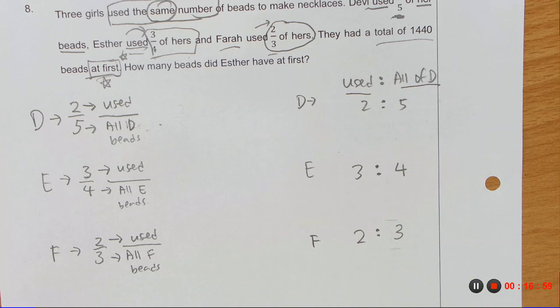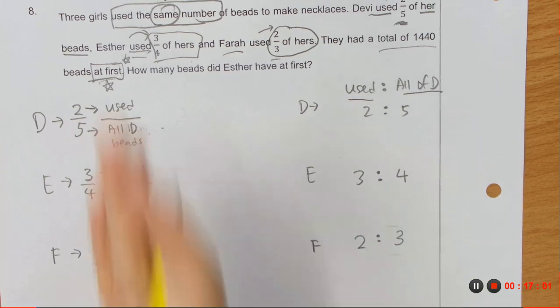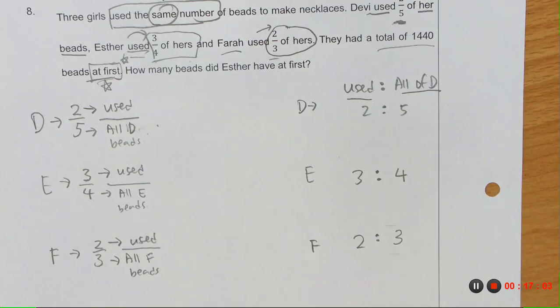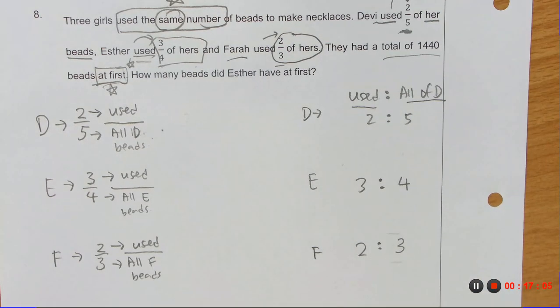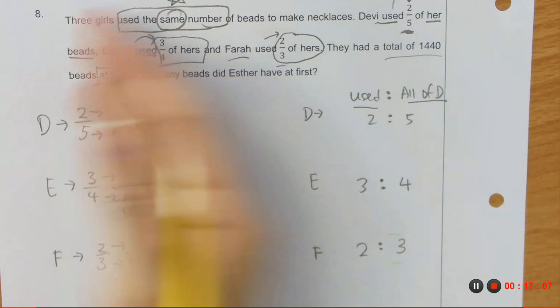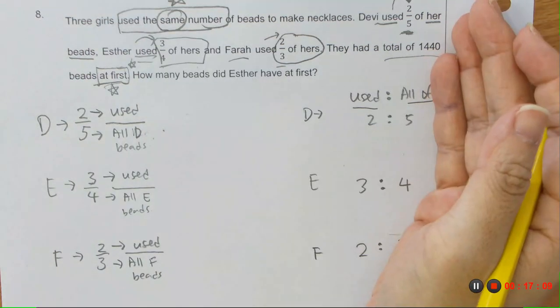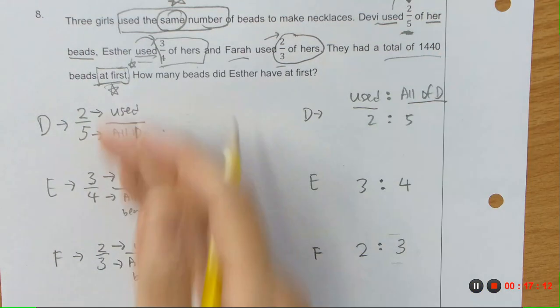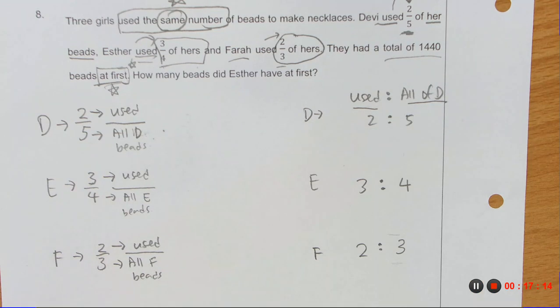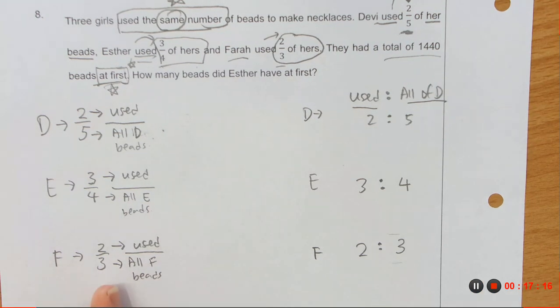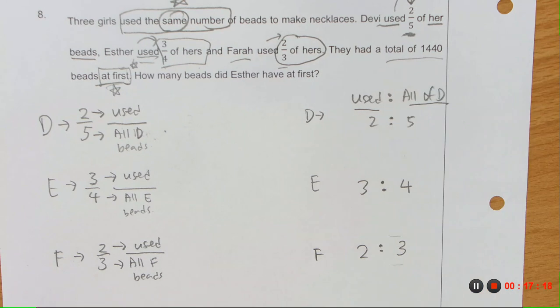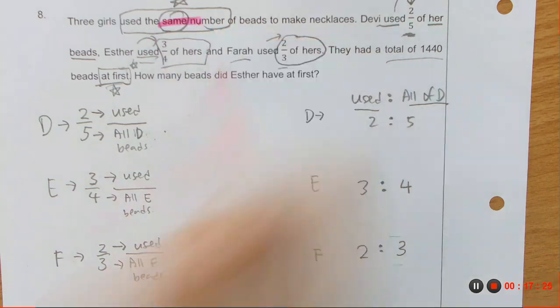Okay, let's express this in fraction and ratio. Basically, I'm just converting what I read in the word problem into notes at the side. One is fraction, one is ratio. Now I attempt to solve. The key is here, same. What does it mean by same?